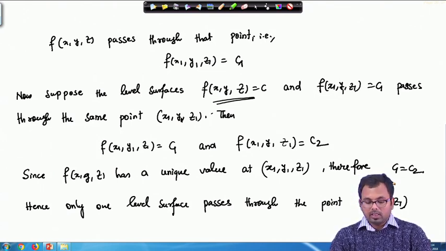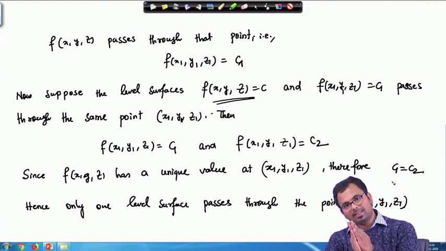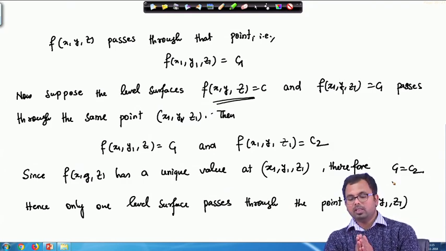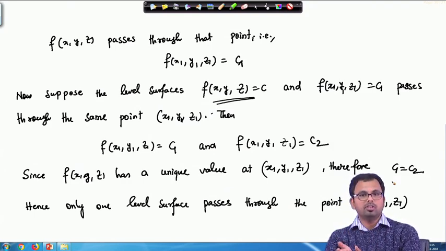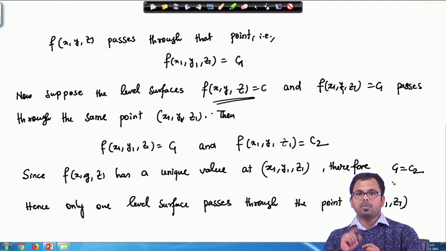But the level surface f(x, y, z) must have a unique value because the point is same. So, if you assume the same point, the same level surface passing through the point cannot yield two different values. So, c1 cannot be different from c2, and therefore, the only possibility is that c1 must be equal to c2, and that means every level surface can pass through a point in R only once.